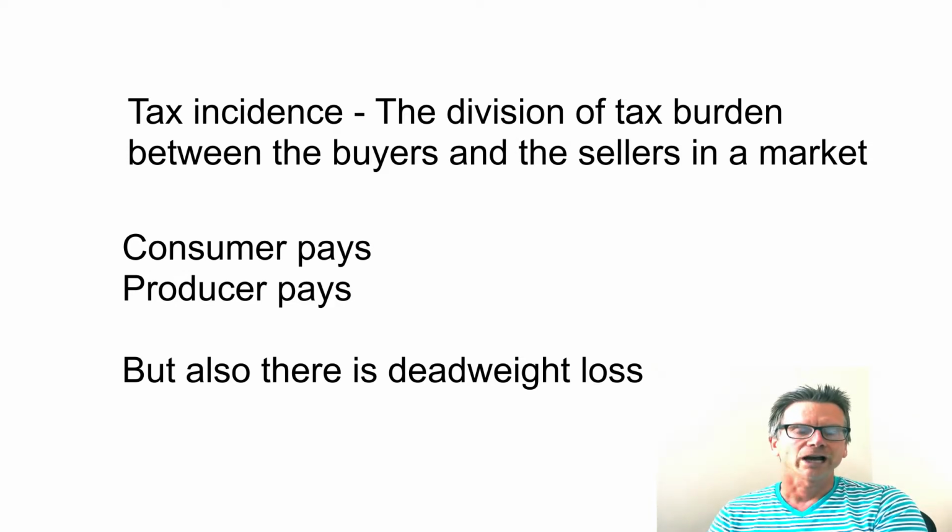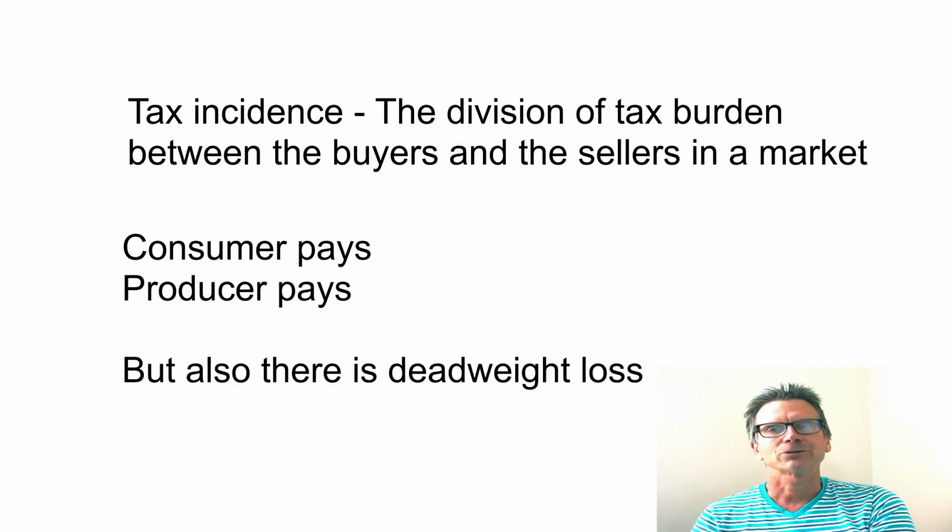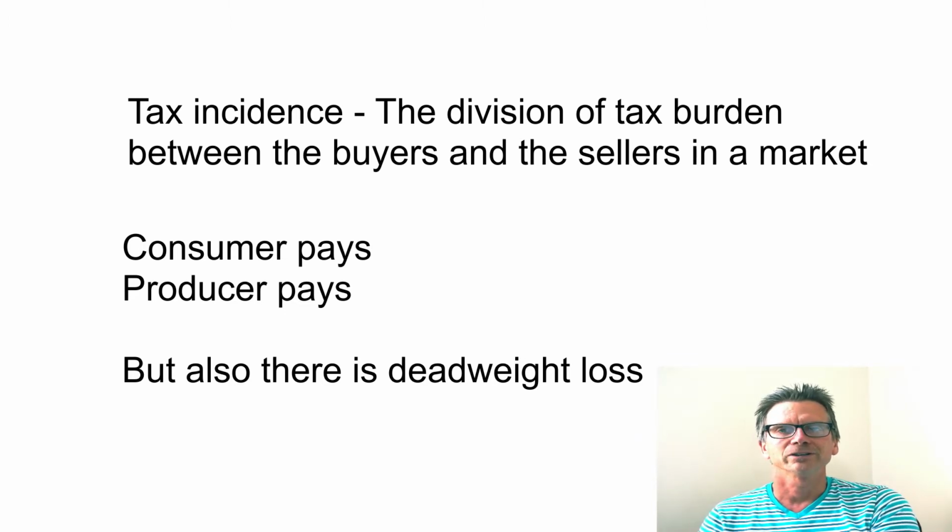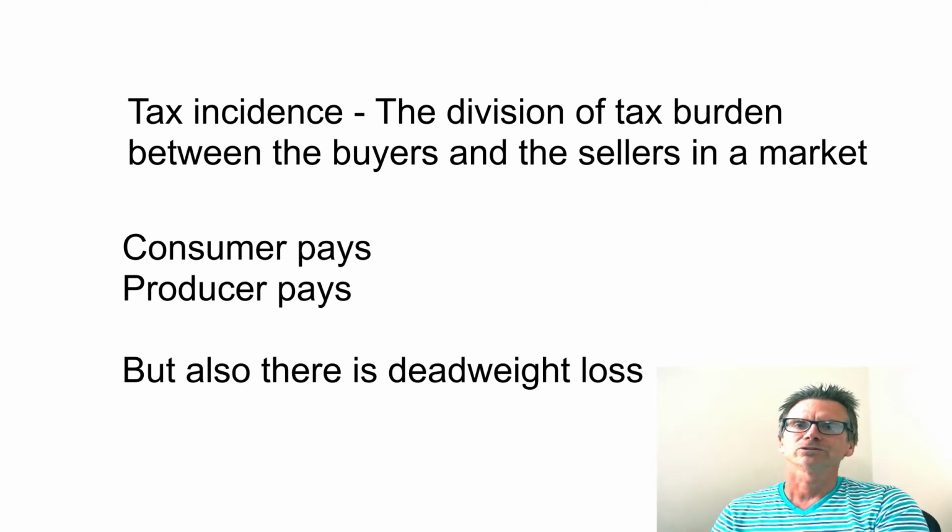On an exam you're going to have to identify what the producer pays, what the consumer pays, and what the deadweight loss is. Also, you're going to look at the tax revenue, what the benefit is to the government. So if we have three losers, consumers, producers, and society as a whole through deadweight loss, you have one gainer, and that's the government. They get more taxes.